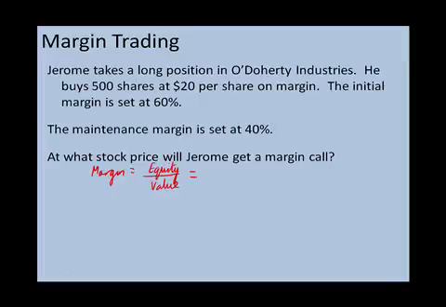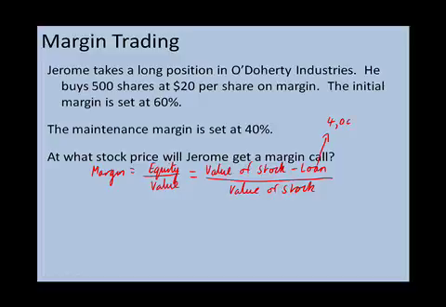Now the equity is going to be the value of the stock minus the loan from the brokerage, all divided by the value of the stock. And we know from the previous slide that the brokerage loaned Jerome $4,000.